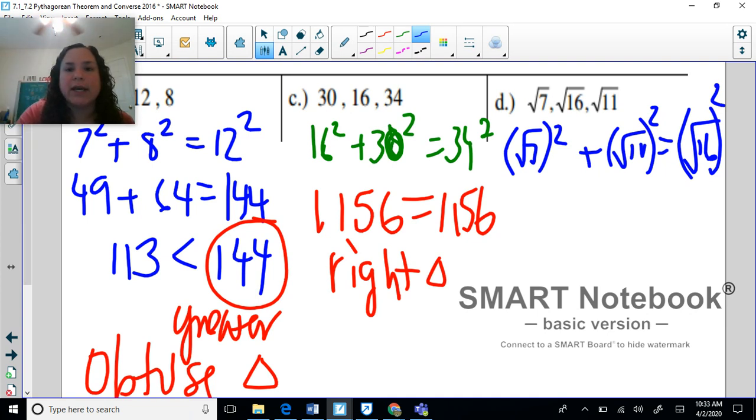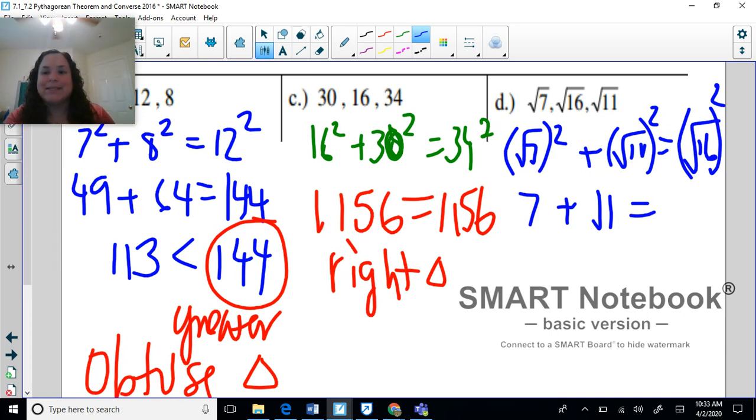So here, square root of 7 squared is actually just going to give you 7. And square root of 11 squared is just going to give you 11. And here, square root of 16 squared is just going to give you 16.